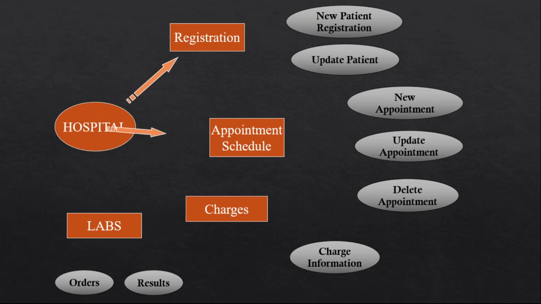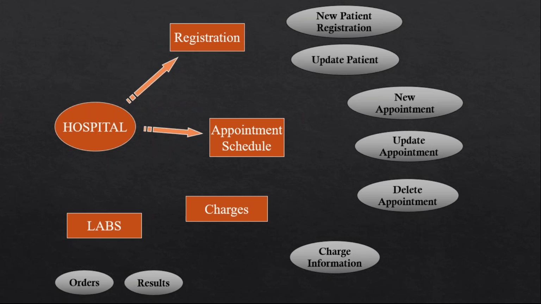And then we have appointment schedule. Within appointment schedule, there are three events that are possible: new appointment, update appointment, and delete appointment. New appointment is getting a new appointment created. Update appointment is in case they change the time of an appointment, or the appointment is bumped to a different day altogether.